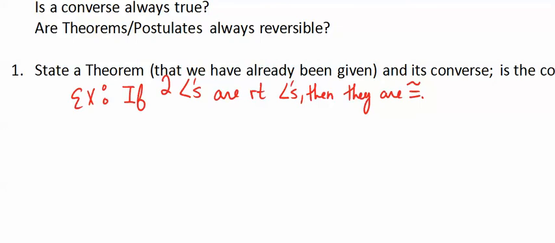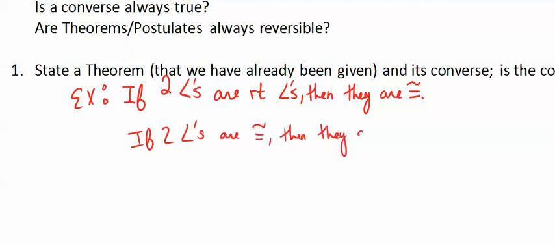I'm going to use the theorem: if two angles are right angles, then they are congruent. The converse of this is: if two angles are congruent, then they are right angles.